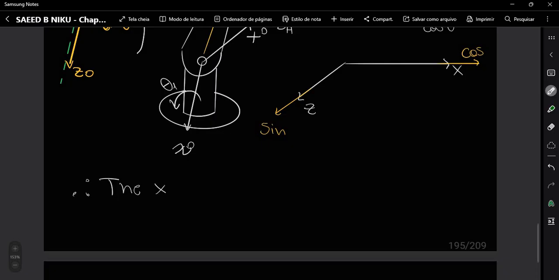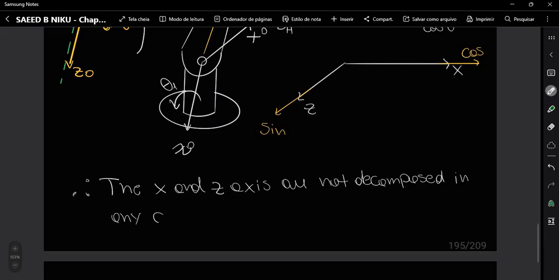The x and z axes are not decomposed in any component.